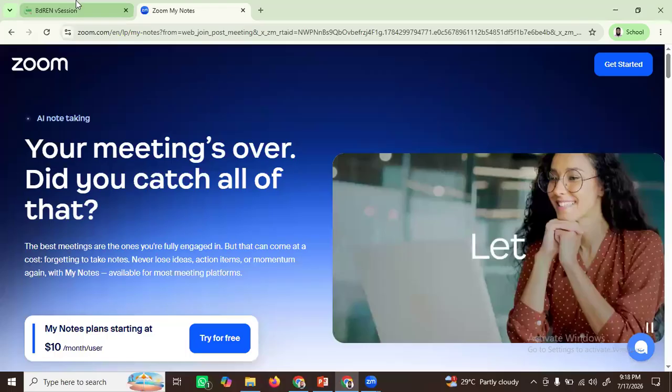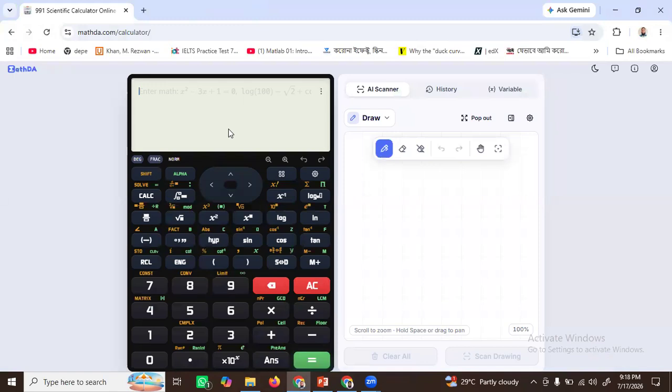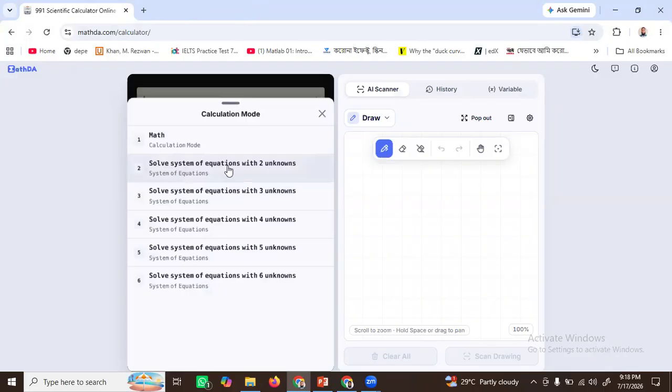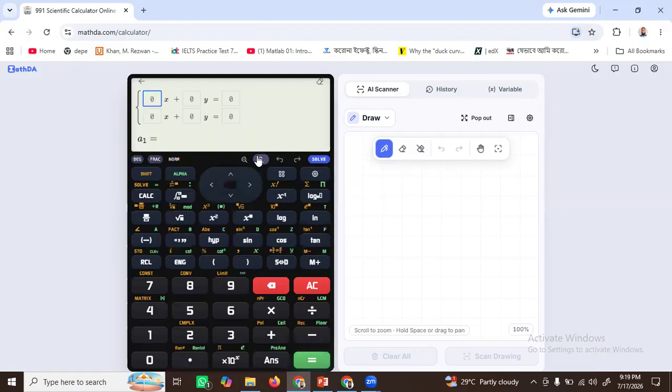So here we can see that this is actually your equation. Here we can enter those two simultaneous equations and find out the values. At first you have to go to the menu option, and here you can see solve systems of equations with two unknowns. We can solve up to 6 unknowns. For our equation we have two unknowns, so we will put the values over there.